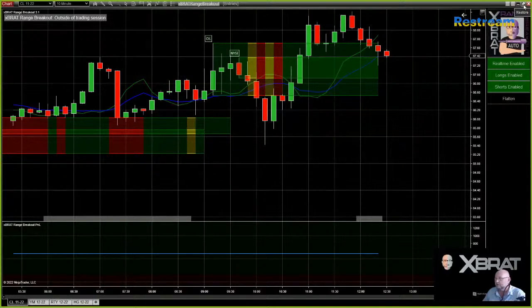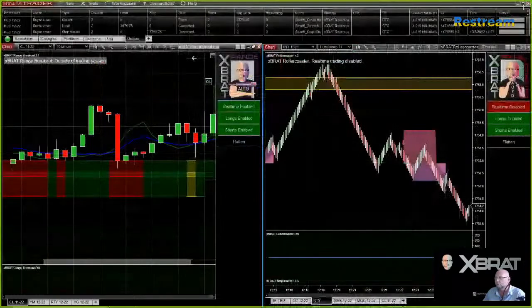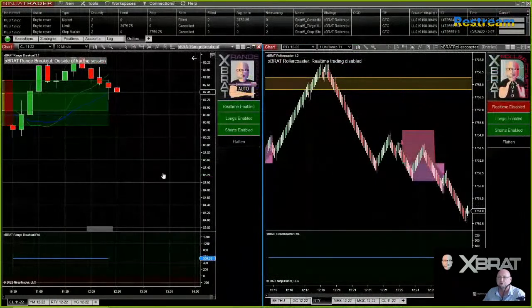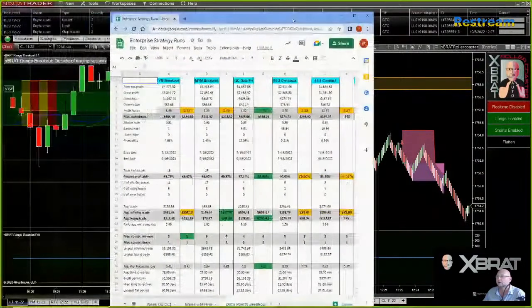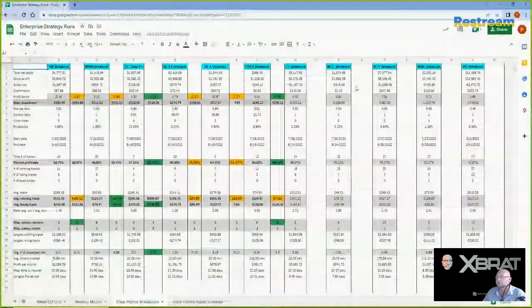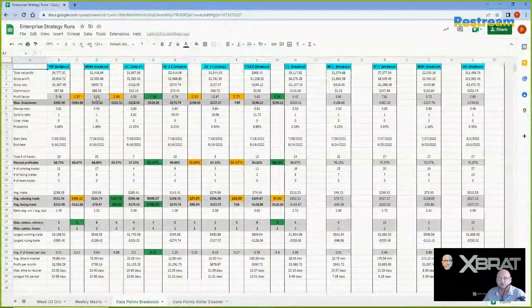We're happy, because when you're monitoring how your trading's performing, and what I do on the auto trader, I look at the performance reports at the end of every week. So when I look at YM breakout here, this is the starting point a couple of weeks ago.